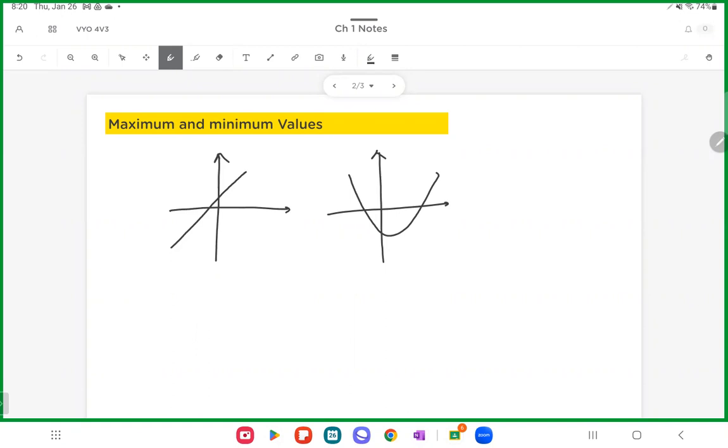Okay. So for the line, we call this a linear graph. Let's say, for example, we give this y equals 2x plus 1. Can you see that for all the x, let's say my x is 2 here, what will my y value be?